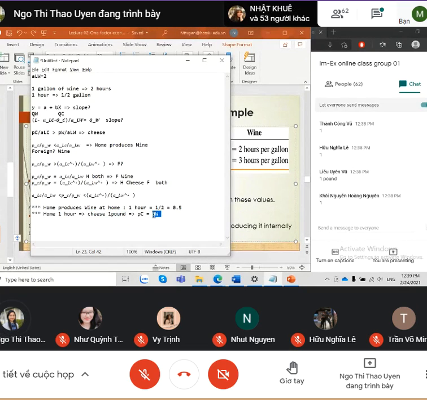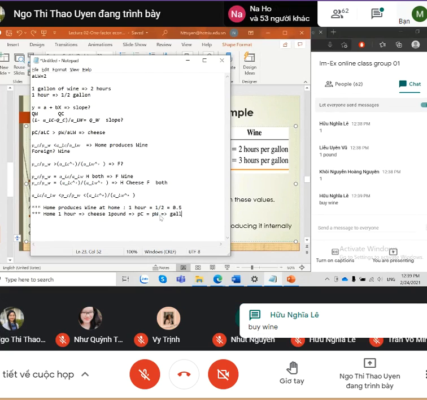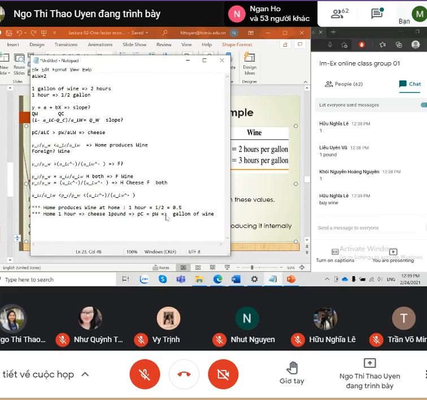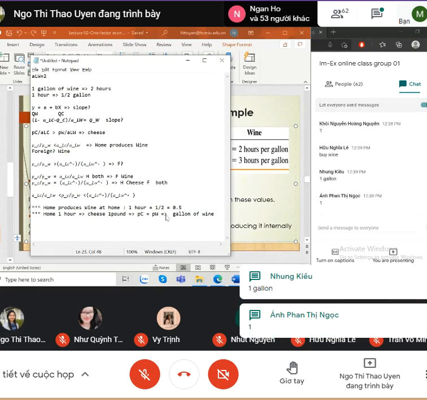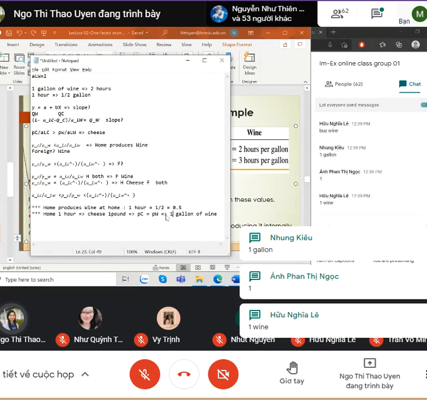And then with this amount of money, they can buy how much wine? Buy how much wine? For price of wine? Yes, 1 gallon of wine.